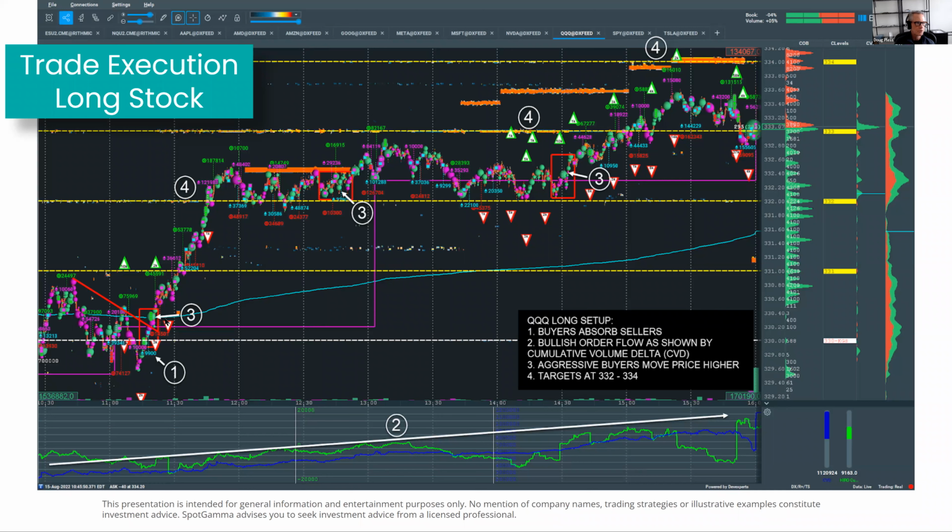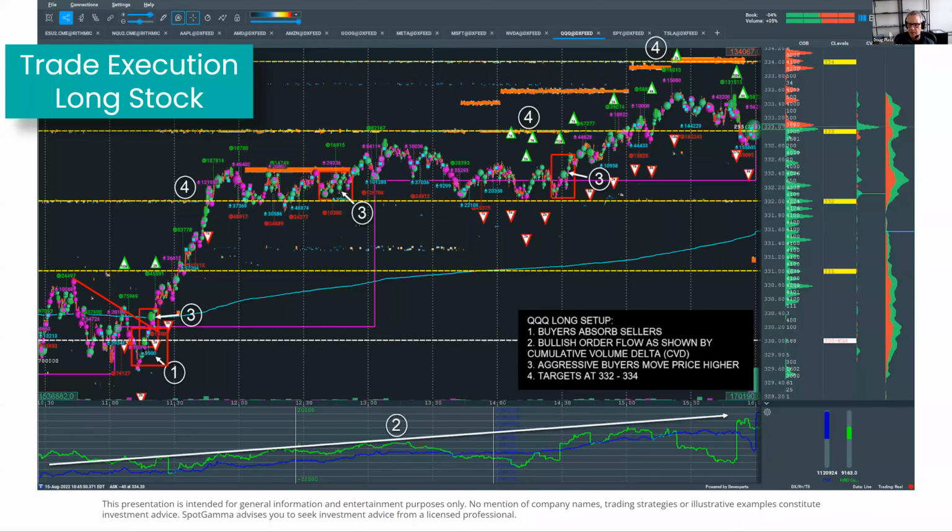You could look at this trend break, or just the final test of the 330 level, and notice here these green dots coming in, and these little small numbers are showing that buyers are absorbing sellers.